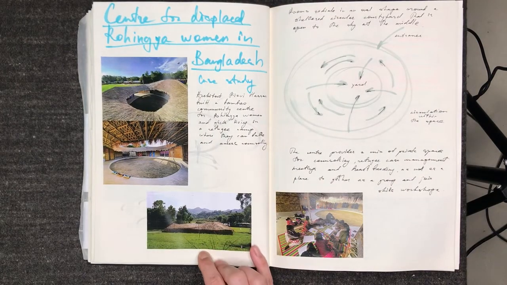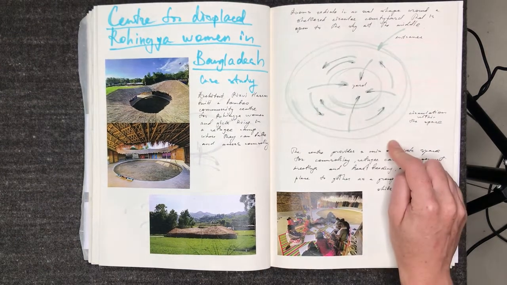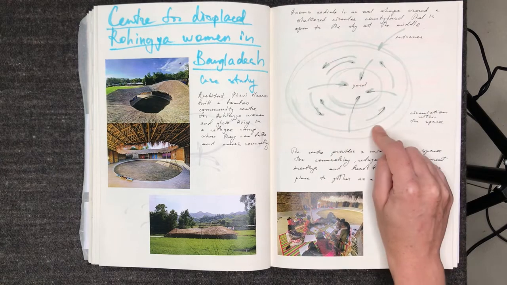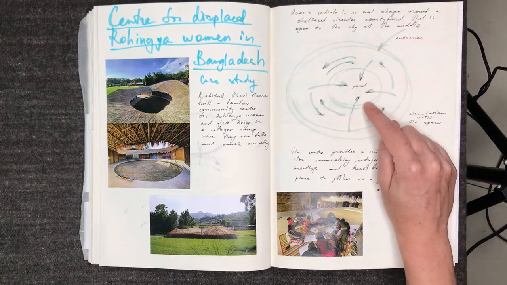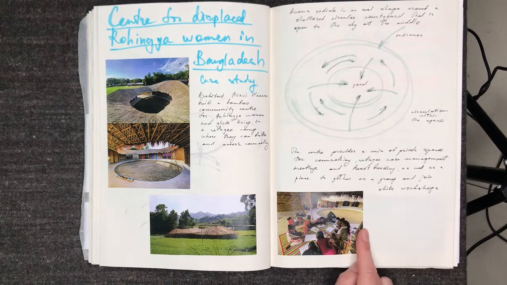Center for displaced women in Bangladesh, which has the same, again, structure, from more private areas to public areas where they can socialize.